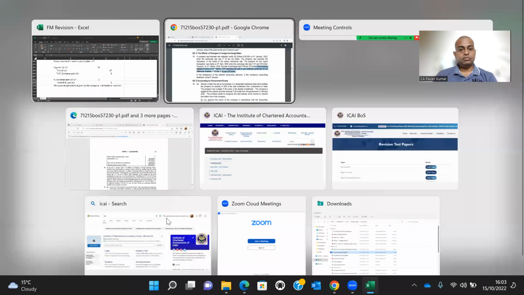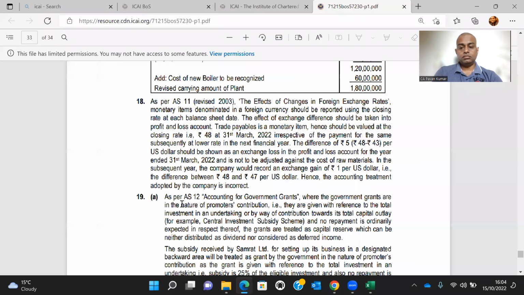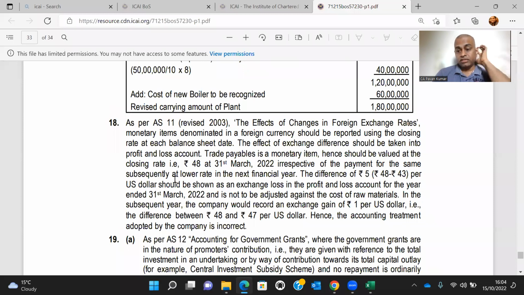Shall we read the solution once? Who's going to read? Someone please read this. As per AS 11, revised 2003, the effects of changes in foreign exchange rates, monetary items denominated in a foreign currency should be reported using the closing rate at each balance sheet date.